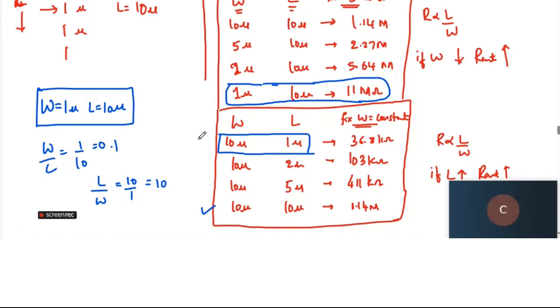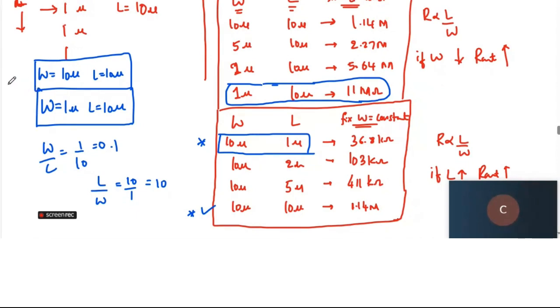One is where L is 1 micro and W is 10 micro. Another one is 10 micro and 10 micro, which also gives me a fair enough aspect ratio. So let's do that. W and L equal to 10 micro, and we'll also see how other parameters or outcomes vary. So we'll try to look into that also.